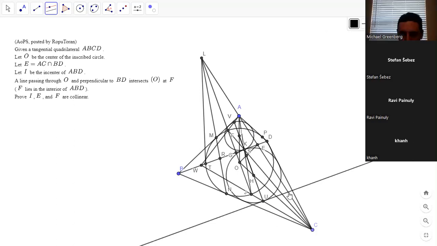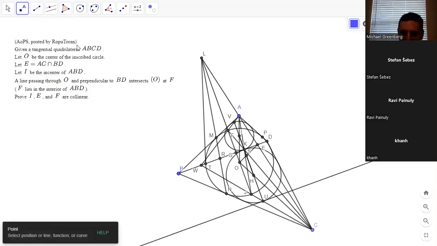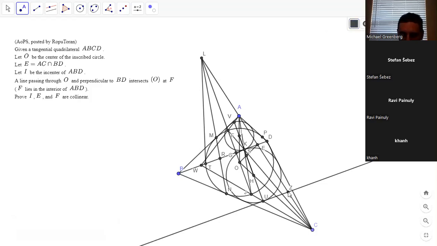So saying that F, I, and E are collinear is the same as saying that this point O, we want to show that Z, O, but it takes V to F. Yeah, it's kind of weird because the homothety takes V to F, but then it takes I to O. So it's like flipping them around.